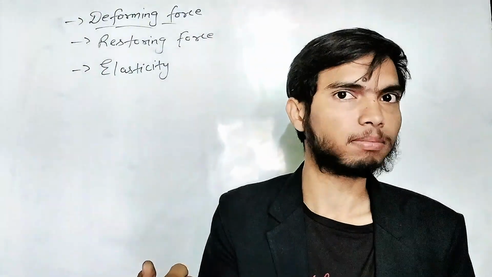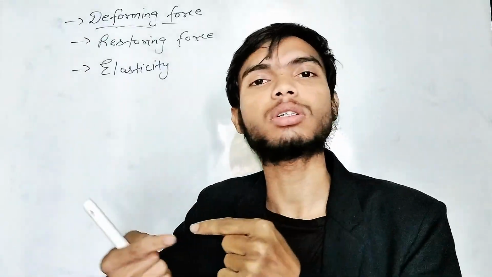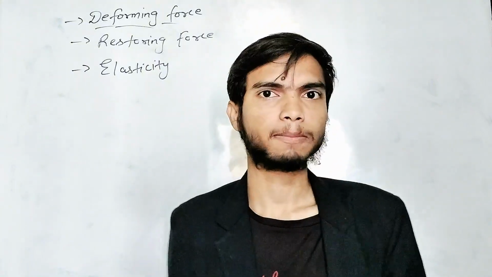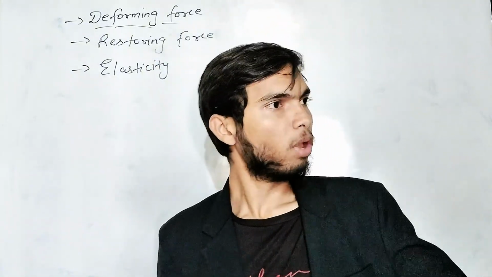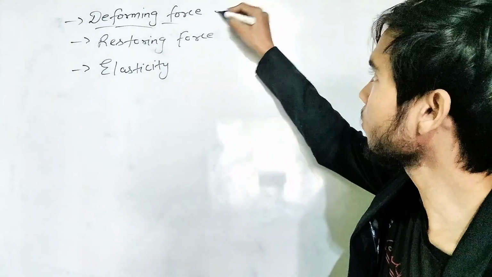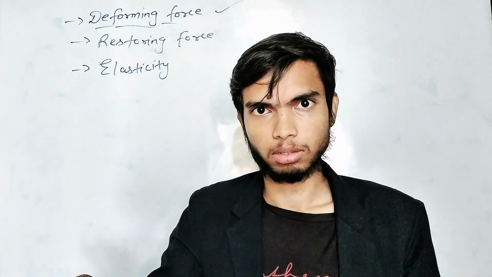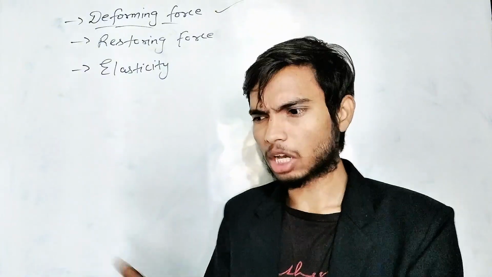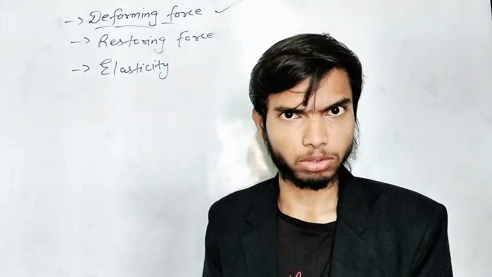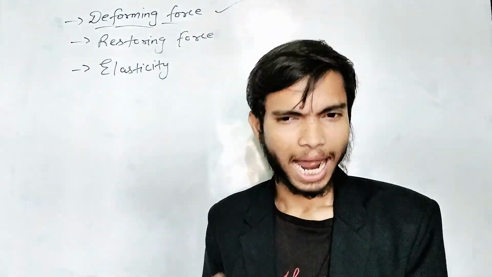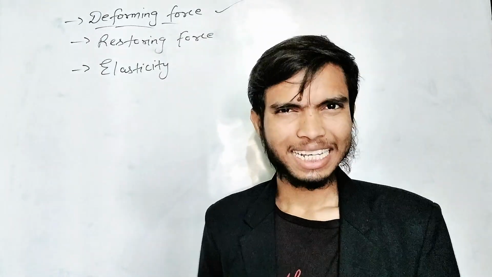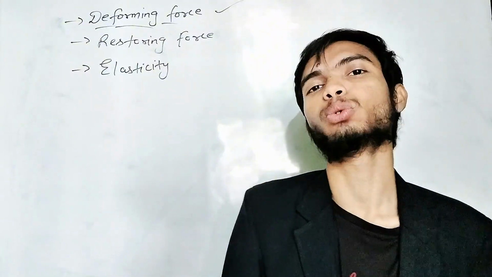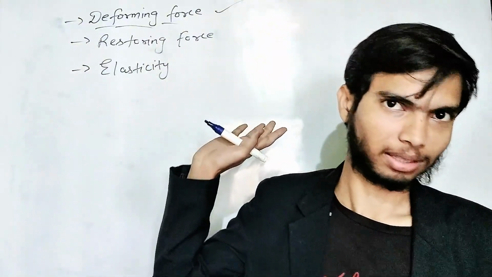Look, it is a property of any object. Now what is the work of this property? When the deforming force is removed, having been applied earlier, and the body restores its original configuration, we can say it is happening due to the elasticity property of the body.